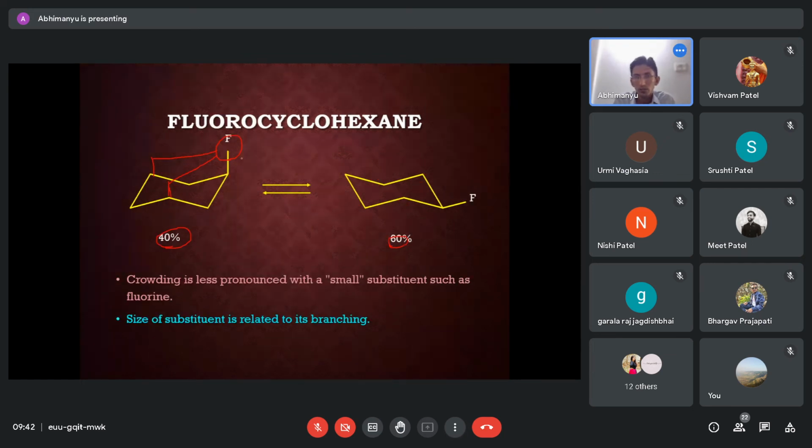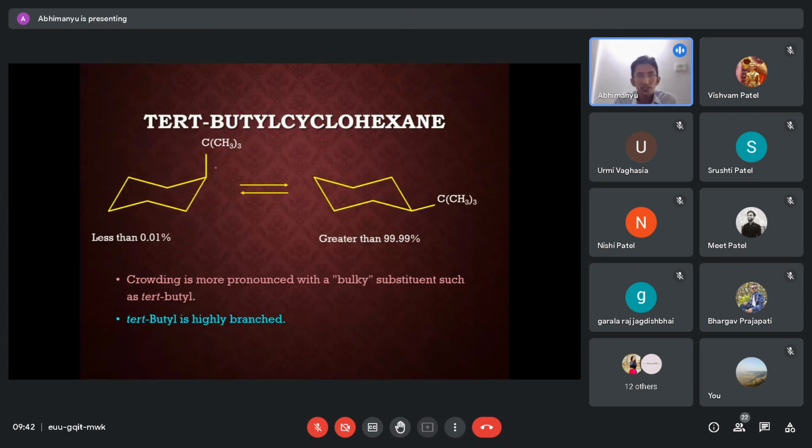ચાલો એકાદી બલ્કી ગ્રુપ હું જોડી દઉં. ટર્સરી બ્યુટાઇલ ગ્રુપ, બલ્કી ગ્રુપ, યસ. So in case of bulky group, diaxial strain કેવી હશે? બહુ high હશે. And due to 1,3 and 1,5 diaxial strain, the stability of the axial orientation is less than 0.001%, and the stability of the equatorial conformation is greater than 99.99% due to the bulky substituent at axial position.